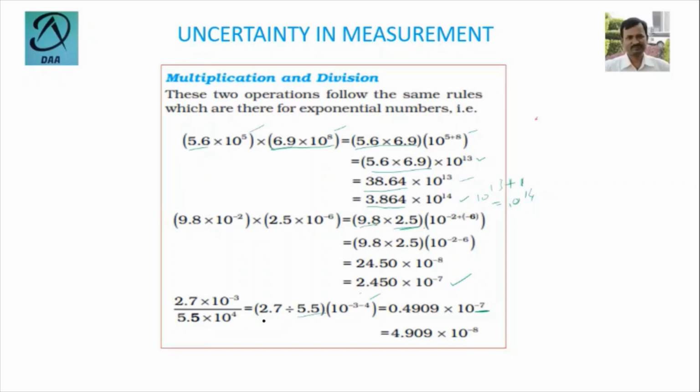In the first part you divide 2.7 by 5.5, and it will come 0.4909. If you simplify it, that means if you move the decimal point to the right side, then minus 7 will come to minus 8.